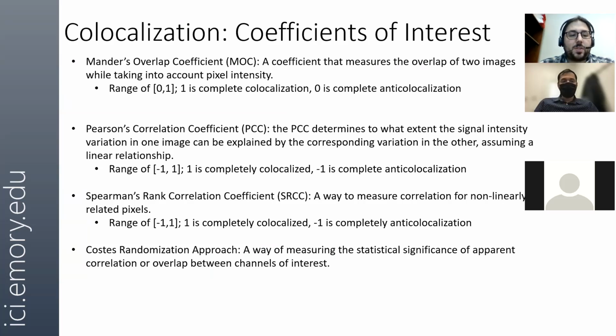And then we'll also briefly go over Costes randomization, which is a way of statistically making sure that something which looks like correlation is a statistically significant correlation instead of potentially being the result of just accident or noise in the system.